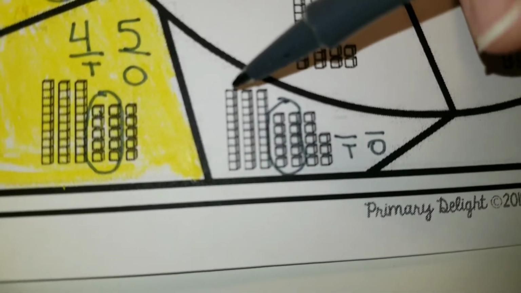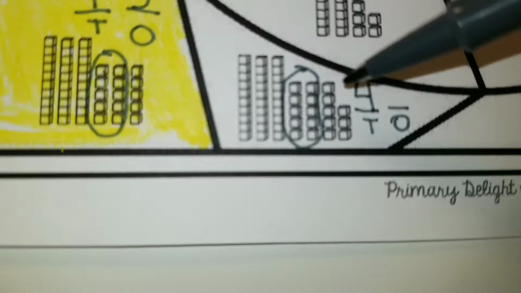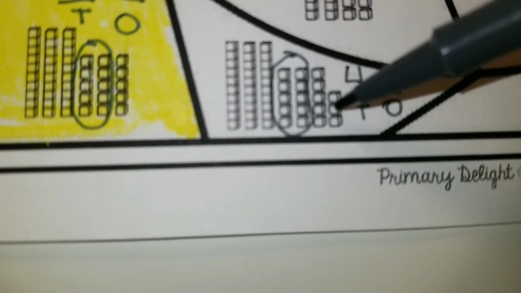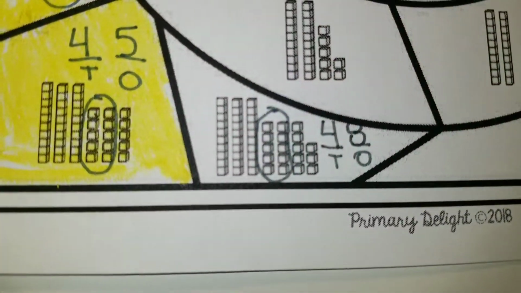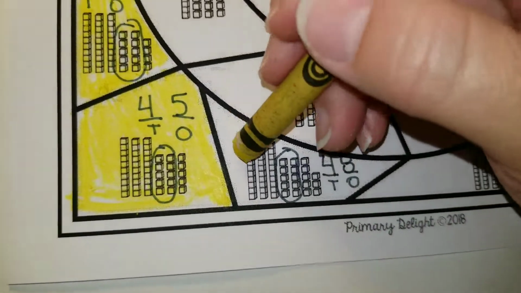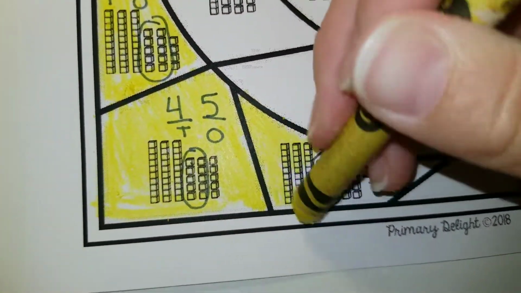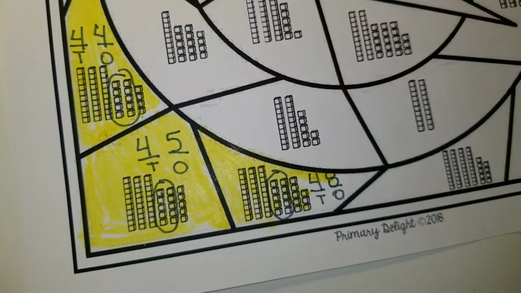So here we have 1, 2, 3, and 4 10s. How many ones do we have? 1, 2, 3, 4, 5, 6, 7, and 8. So our number is 48. 48, boys and girls, has 4 10s and 8 1s.